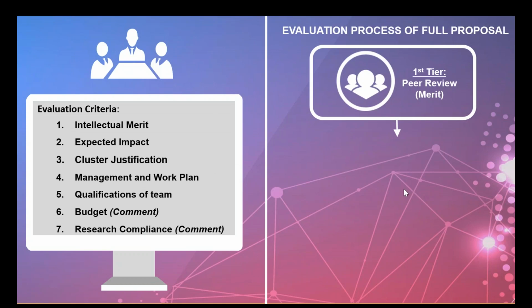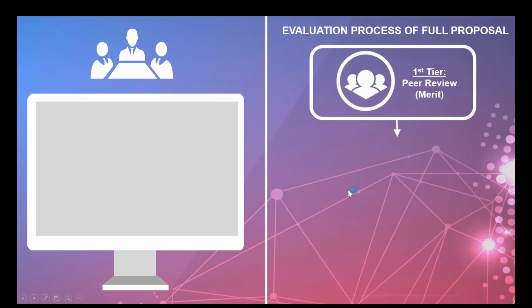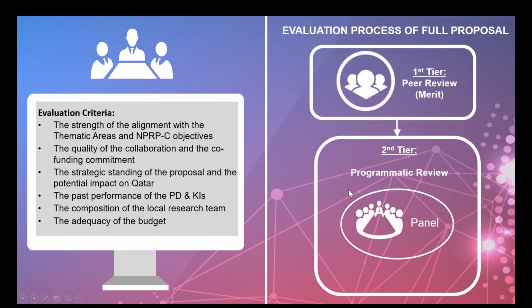Then once we receive the peer review from the scientific merit review, we will do a shortlist. Then the shortlisted proposals will go to the programmatic review, which also includes a panel meeting.